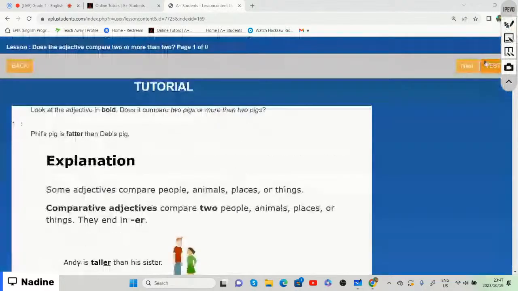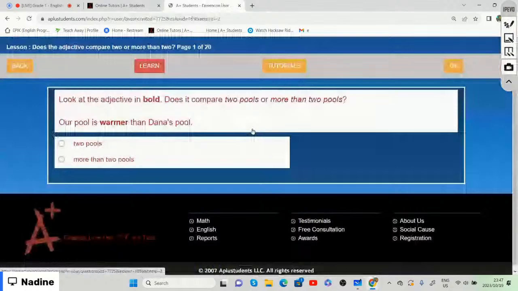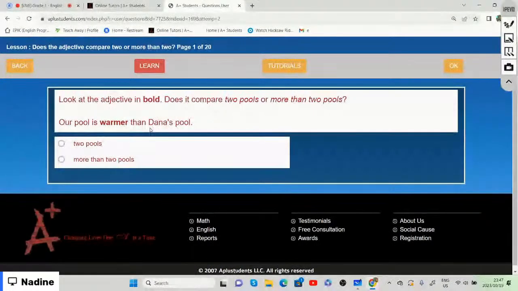Now we're going to our test. We need to say if it is comparing two pools or more than two pools.